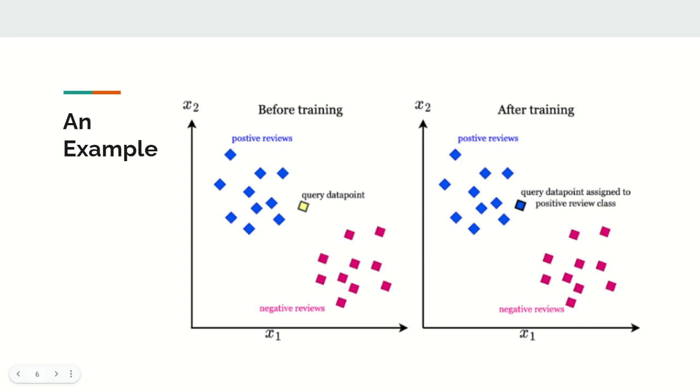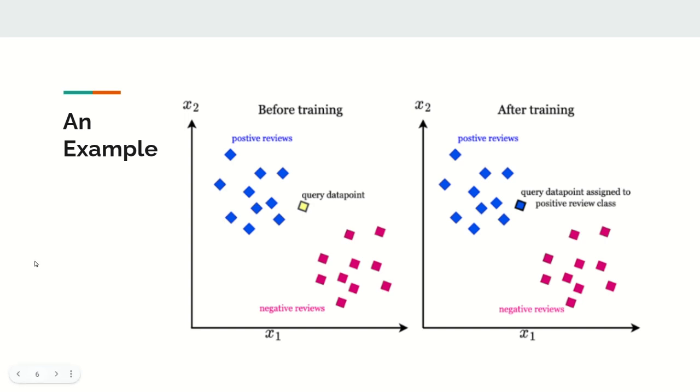Before training, we have a couple of positive reviews classified by the blue squares and a couple of negative reviews classified by red squares. And we have one query data point which we intend to classify. Now after training, we can see that the blue squares are much closer to the query data point, hence the query data point is classified under the positive review class.